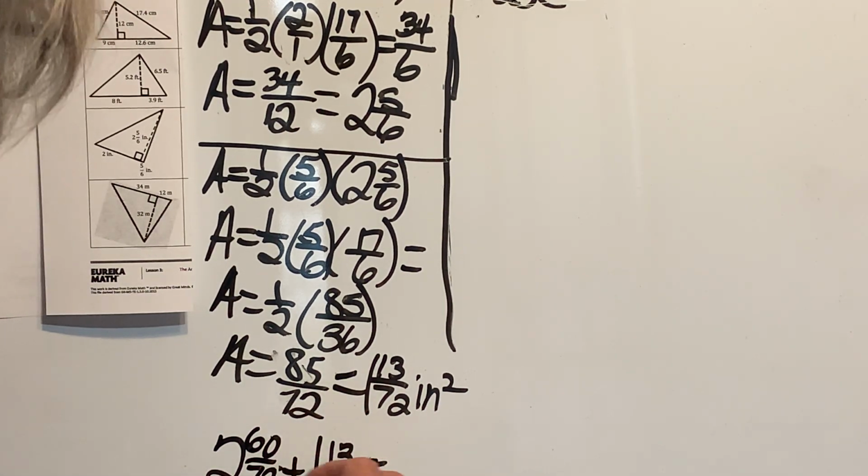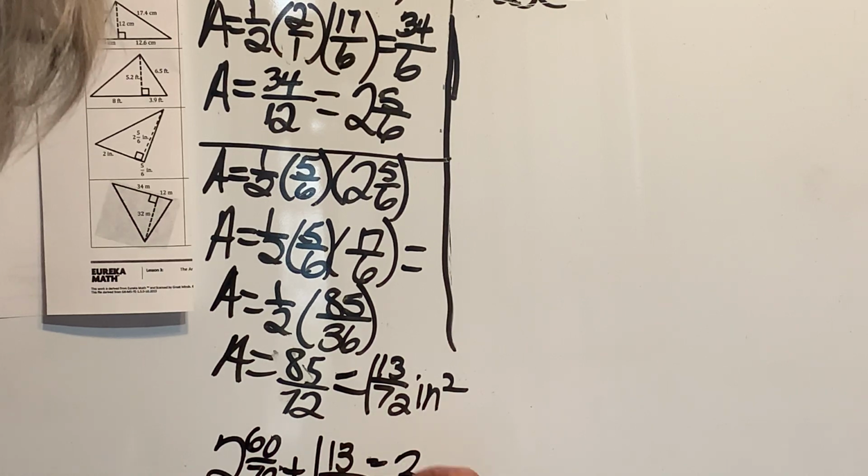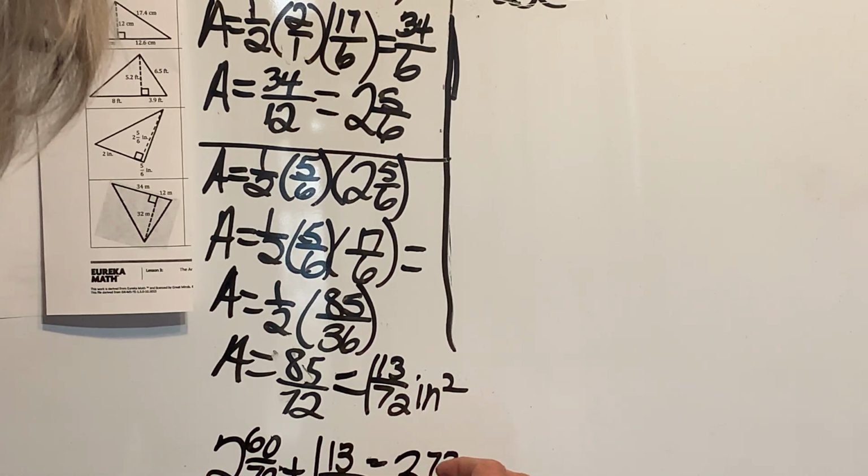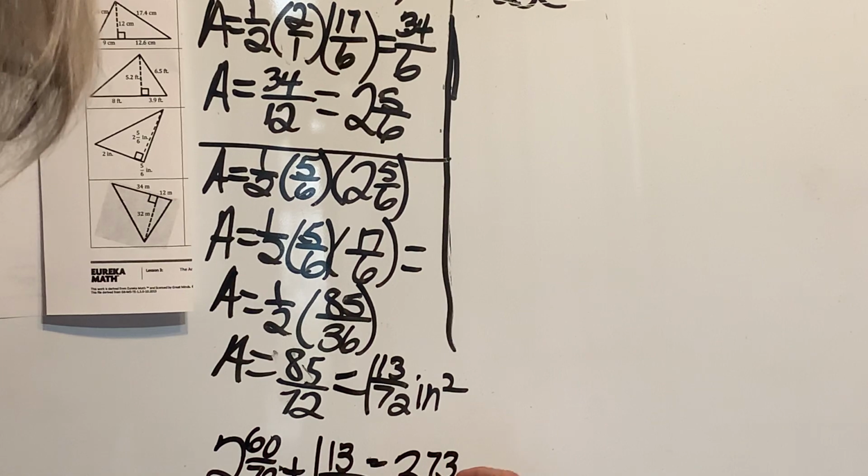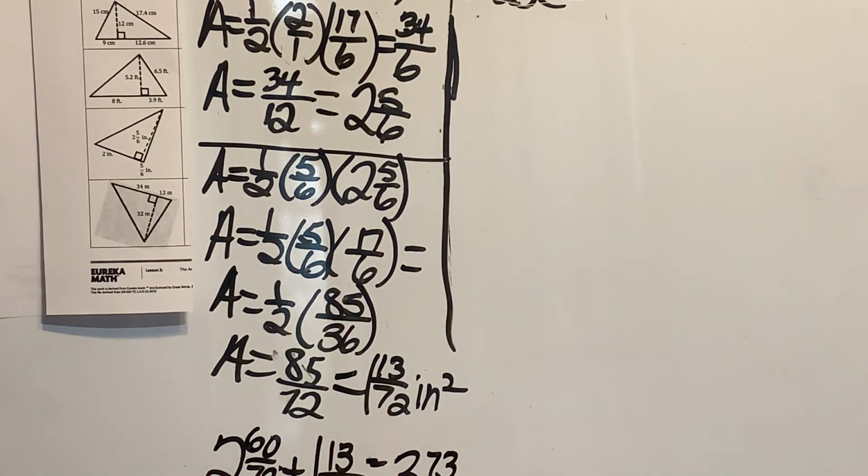So that would be 3 73/72, which would, since there's a whole here, we have to plug that into the 3. So that would be 4 and 1/72 inches squared.